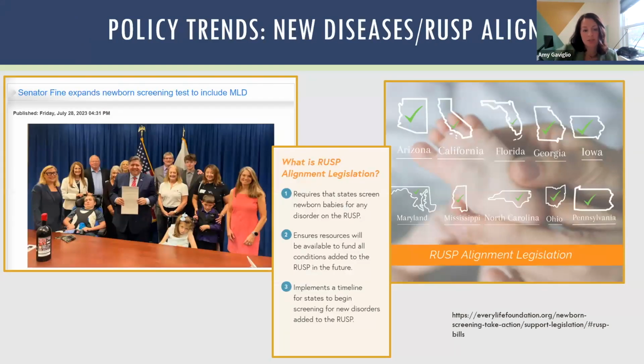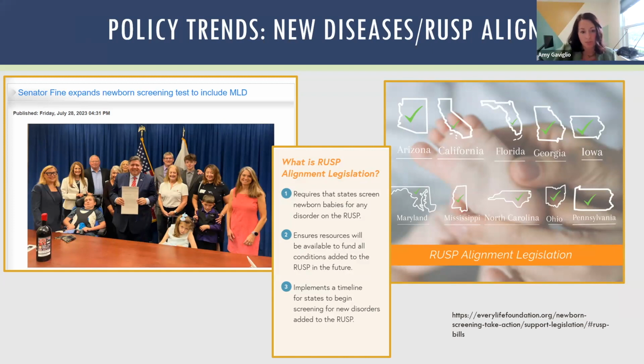So another policy trend acknowledges that the current federal process that we've talked about a bit, this recommended uniform screening panel process, which is used to add diseases at the federal level as recommendations to be screened for at the state level, is both lengthy and really just represents the first step to actually getting babies screened.